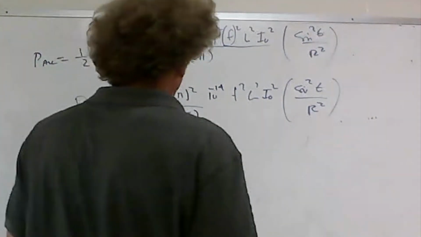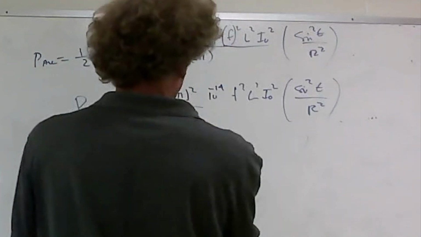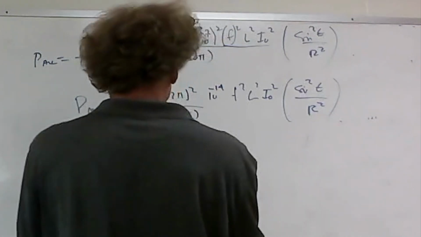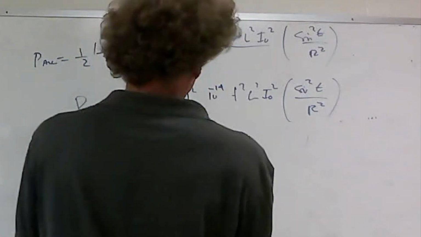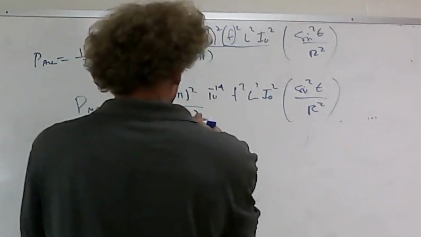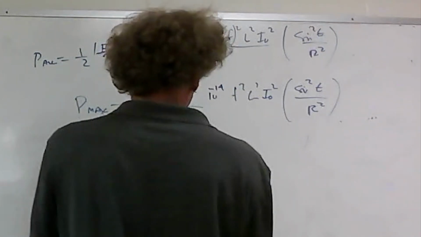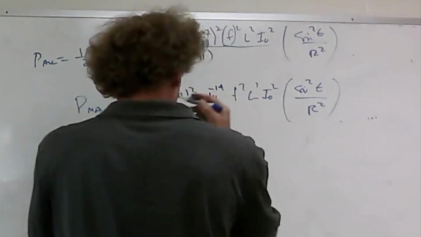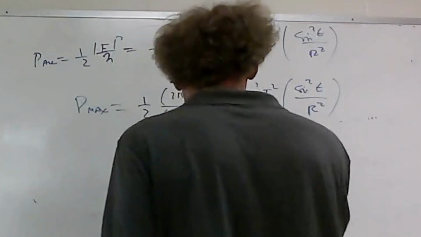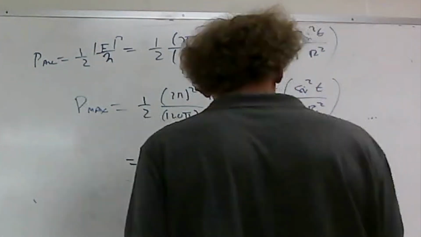Anyway, let me keep going on this. This is a pi squared and there's a pi downstairs, so a pi stays on top. Then I have 2 squared and 2 downstairs, so there's a 2 on the bottom. I got 120, right? I got rid of the pi. I have a 10 to the minus 14, that's the complete factor.